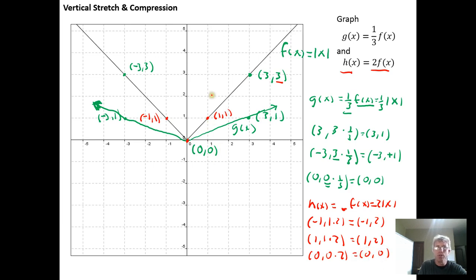The point 1, 1 went to the point 1, 2, and the point negative 1, 1 went to the point negative 1, 2, and then draw your straight line through those points. Use a ruler if you're doing it on paper. Put the arrows on. Notice I'm labeling the points too. I'm actually writing in what the ordered pairs are. So in general, that's going to be expected.